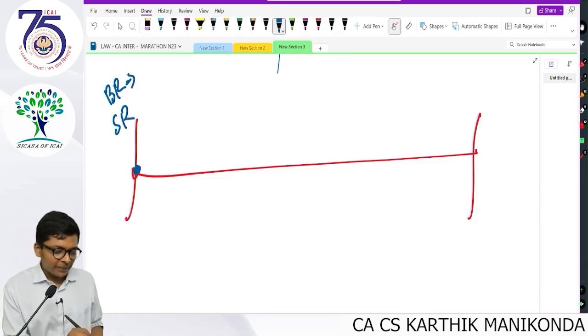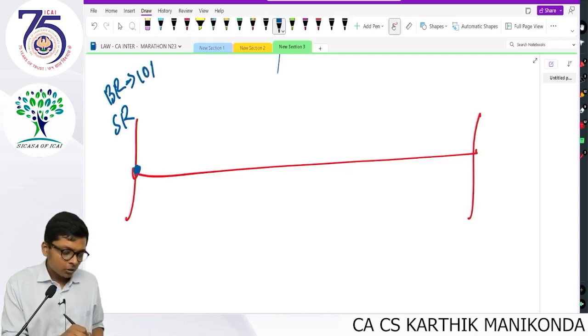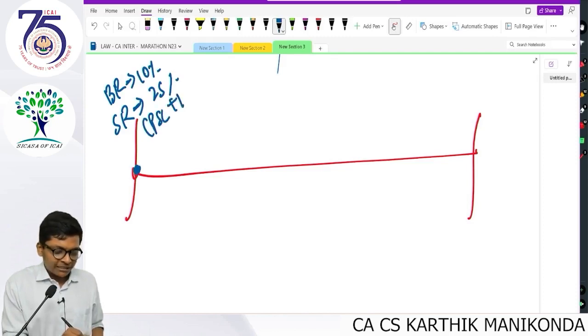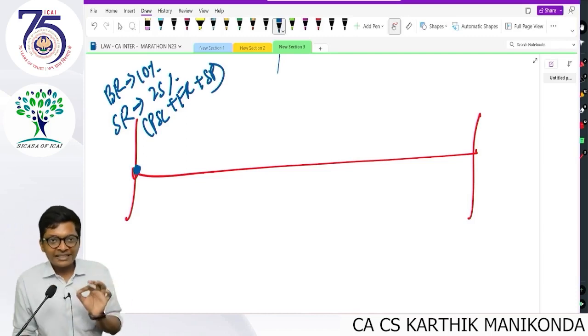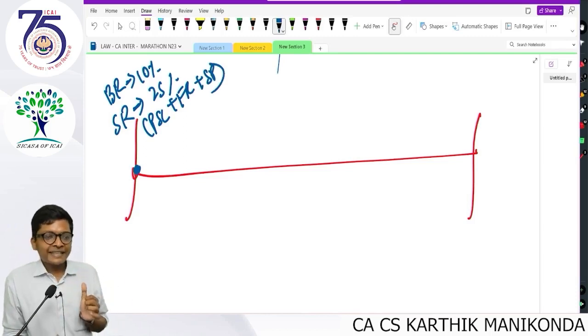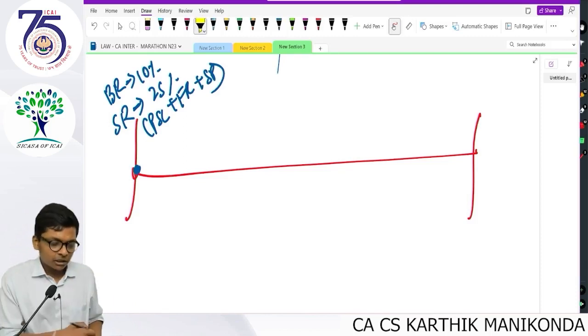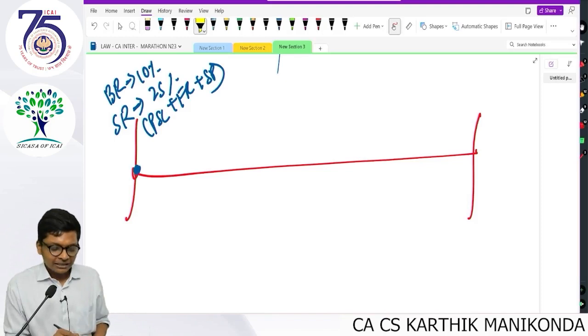By board resolution you can buy back 10%. Special resolution of what? Paid up share capital plus free reserves plus, for this section alone, securities premium is treated as free reserves. I will repeat, for the purpose of buyback, SP is treated as free reserves.